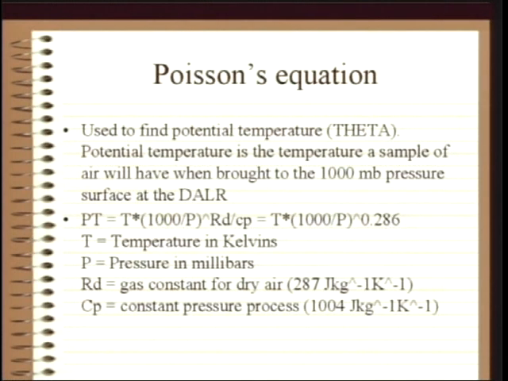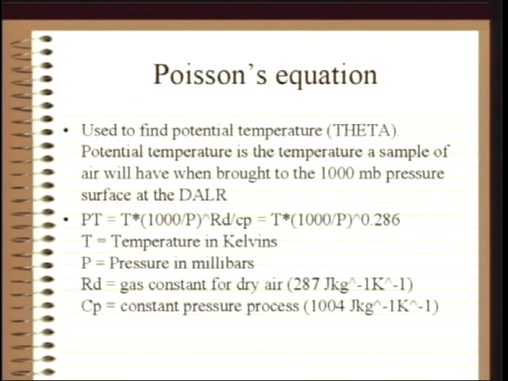Next written there is Poisson's equation, the potential temperature equation. It is solved by taking the temperature, which has to be converted to kelvins, then multiplying that by 1,000 divided by P, where P is the initial pressure of the parcel, and then that's raised to the power of RD divided by CP.